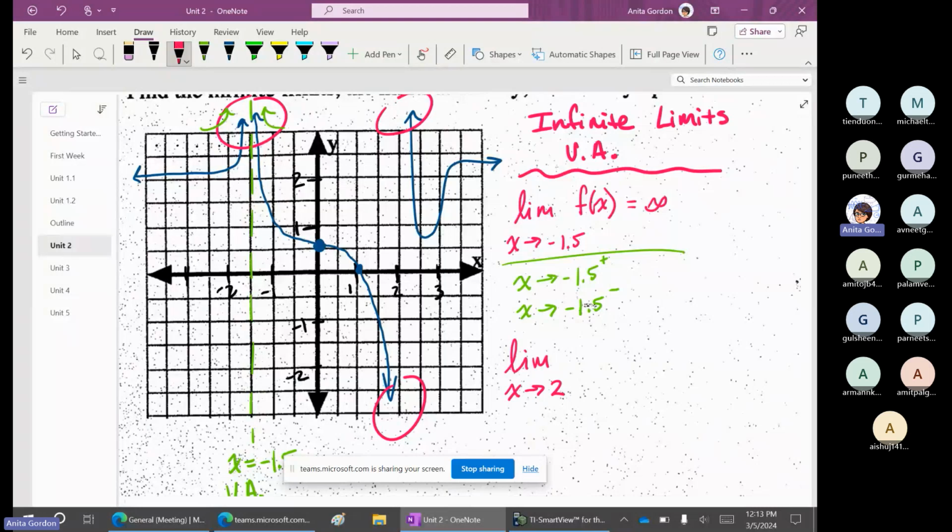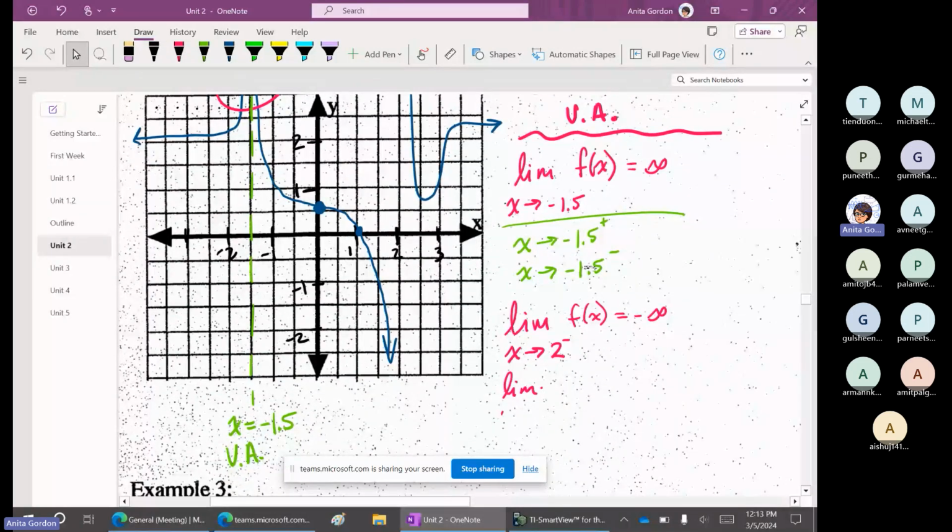Now here I do have to specify which direction because my arrows are going off in different directions, right? So as I approach it from the left, my function goes off to negative infinity. And as I approach it from the right, f of x goes to positive infinity.